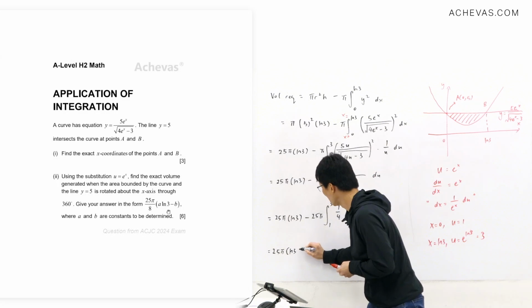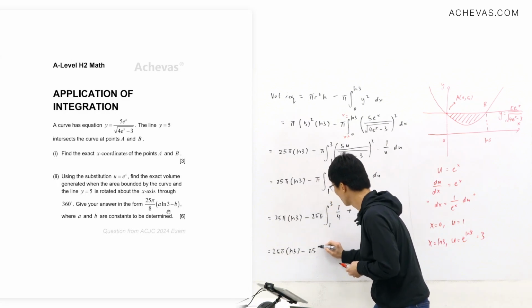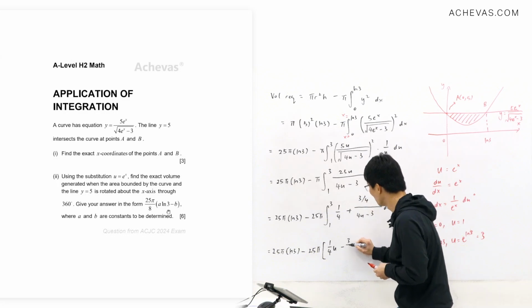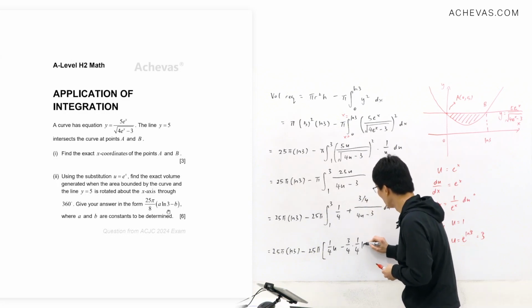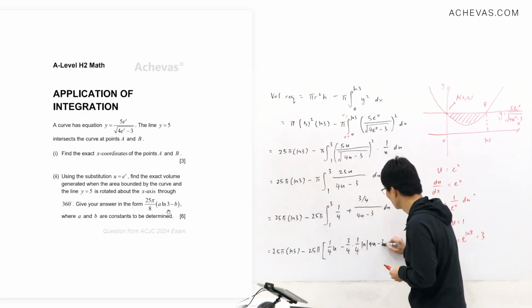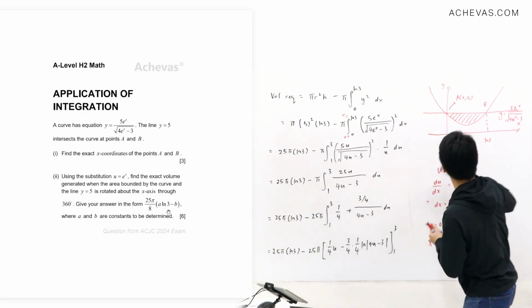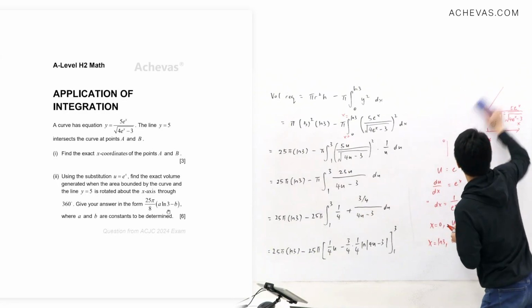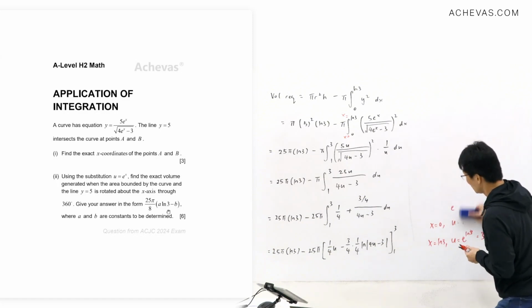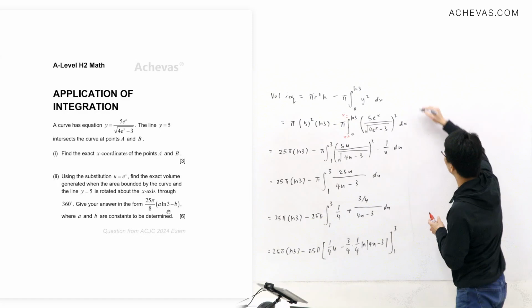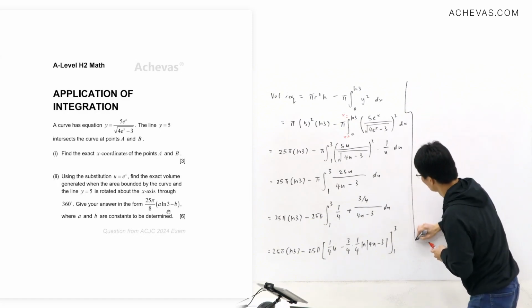I will be able to get 25 pi times 1/4 u plus 3/4 times 1/4 ln mod 4u minus 3 mod, from 1 to 3. Okay, so let me just put in the limits.